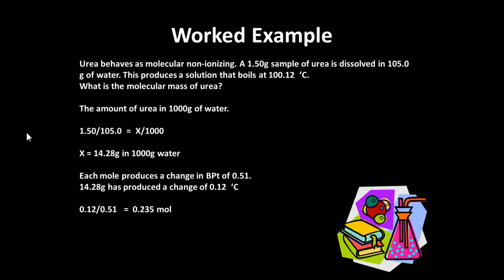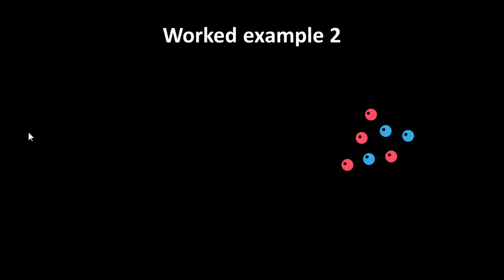So if I take 0.12 divided by 0.51, I can realize that I've got a 0.235 m solution. Okay, so 14.28 divided by 0.235 times x over 1, and x will equal 60.8 grams per mole. So the molecular mass of urea then is 60.8.